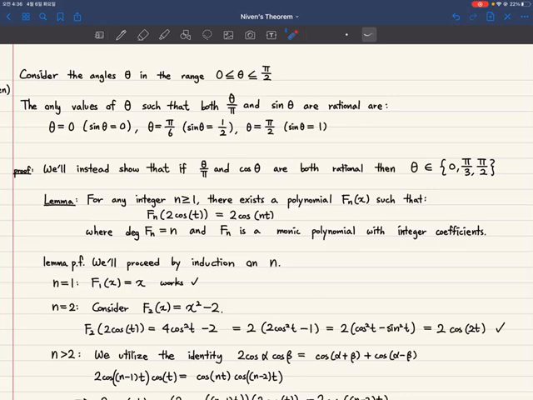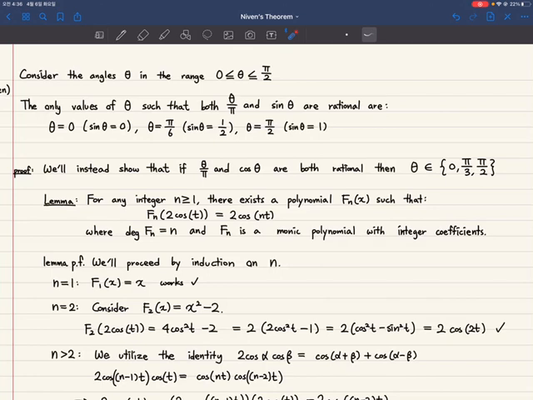Sine theta being 0 corresponds to cosine theta being 1, which means that these two match up. Similarly, these two will match up, and these two will match up.